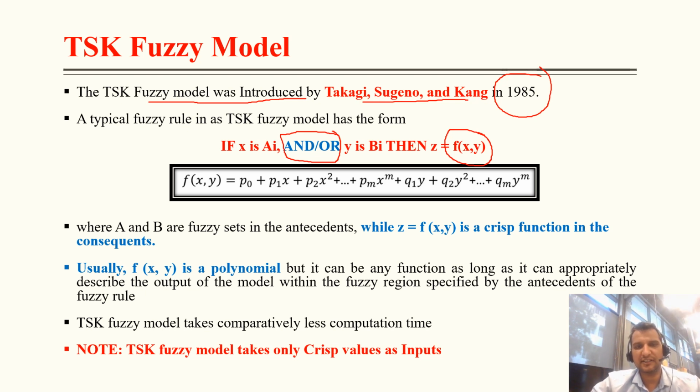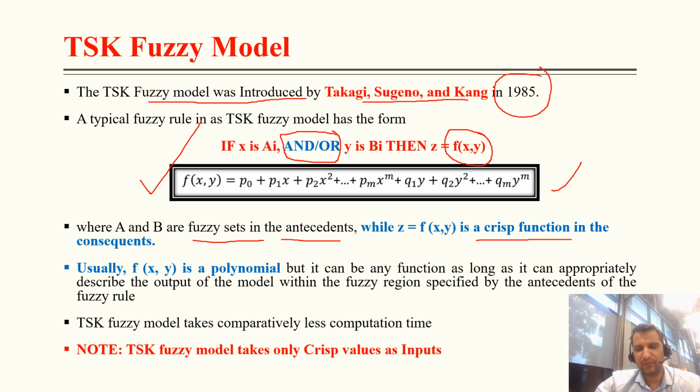The function is represented by p0 plus p1x plus p2x square and so on, plus q1y plus q2y and so on, where A and B are the fuzzy sets in the antecedent, and z is equal to f(x,y) is a crisp function in the consequent.